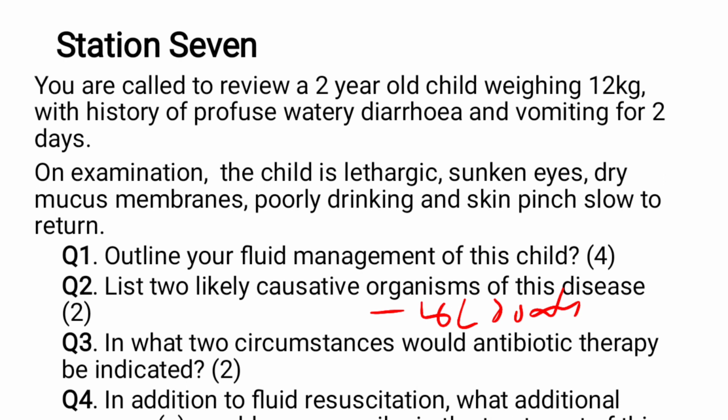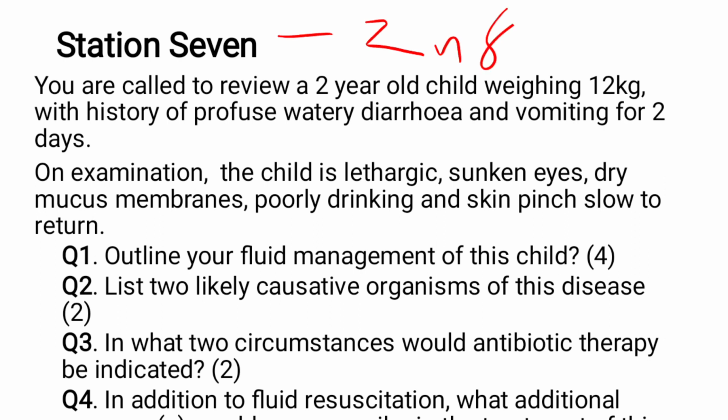Okay, then you want additional measures in addition to fluid resuscitation, and we've already talked about the indications for antibiotic therapy. So zinc sulfate, 20 milligrams for this child, because this one is more than 6 months.